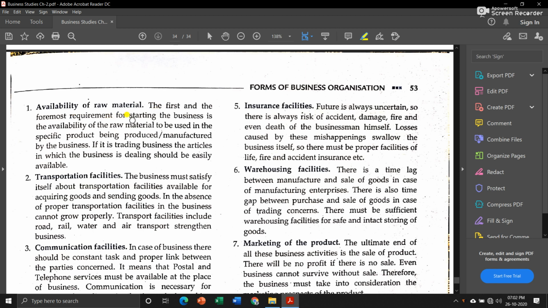The first and foremost requirement for starting the business is availability of the raw material to be used in the specific product being produced or manufactured by the business. If it is a trading business, the articles in which the business is dealing should be easily available. Suppose you are starting a trading business, then you have to see whether you will have a sufficient amount of that article or product in which you are dealing or not.